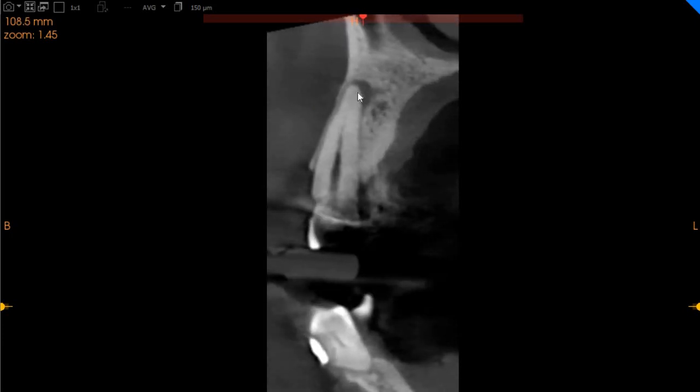The upper right canine has a periapical radiolucency, but not perforating the apex at the moment. You can see that the estimated working length of this tooth is going to be roughly 24 millimeters.